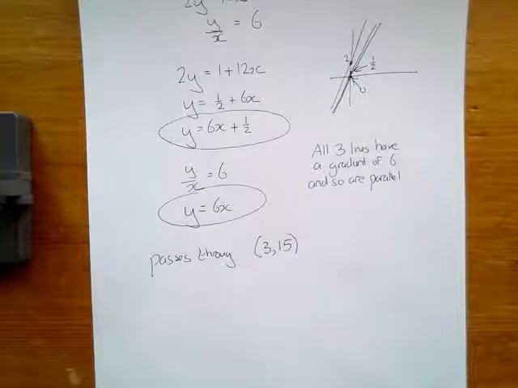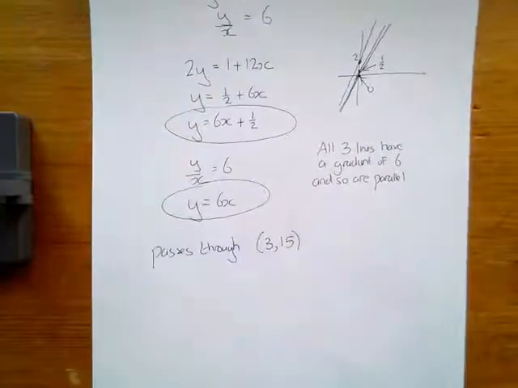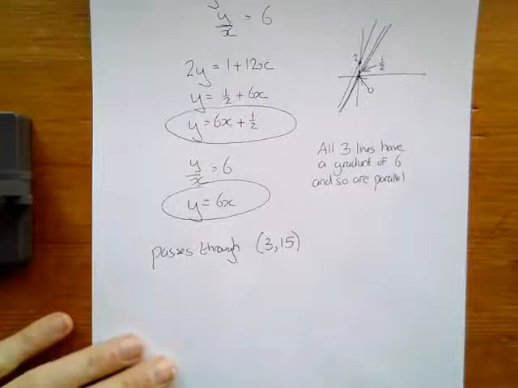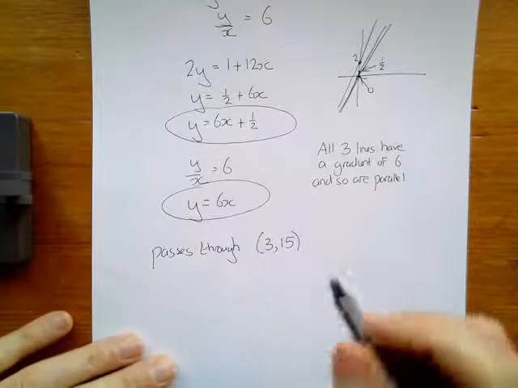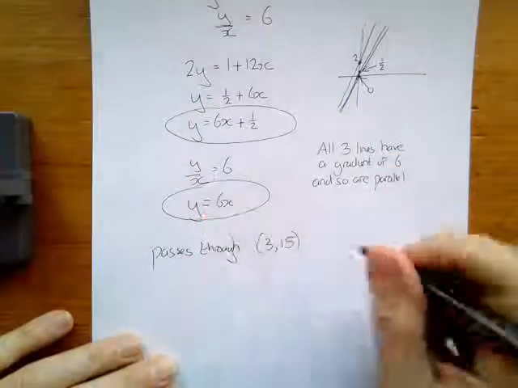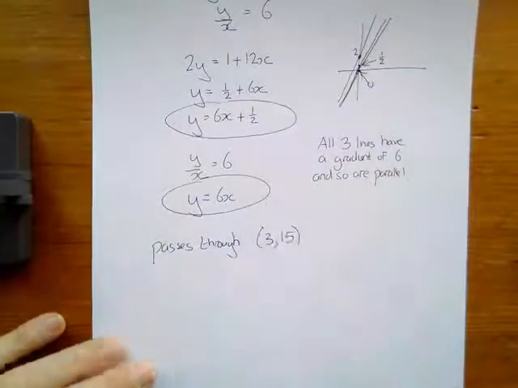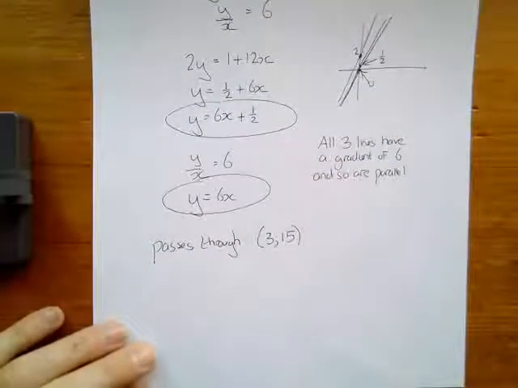So I've got a line that passes through 3, 15, and I've got to find the equation of that line. It's got to be parallel to these 3.